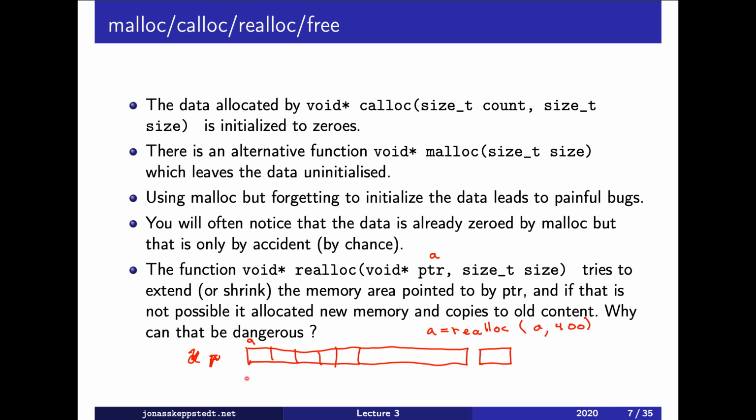So what realloc does instead is to allocate 400 bytes and copy what was already there. This part is just copied from there, and this part will contain undefined data. And then the new address is returned here.